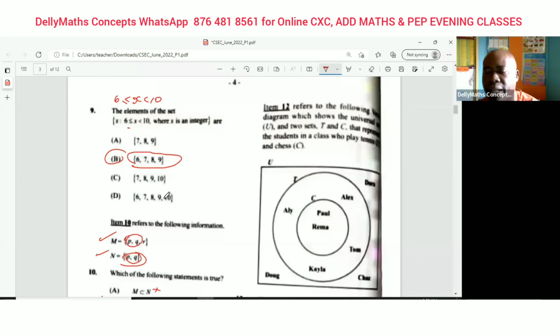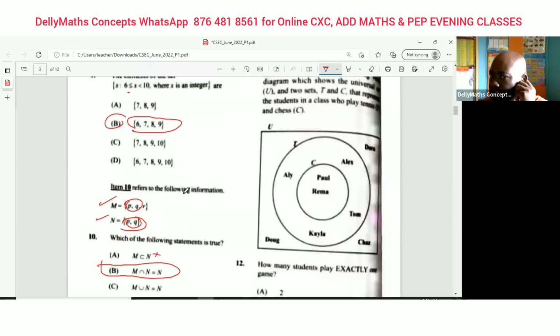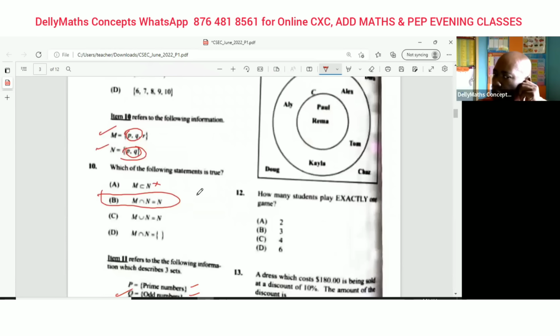All right, so question 12 refers to the diagram below, which shows the universal set U and two sets T and C. Looking at those who play tennis for T and chess for C, and there are some students who didn't play anything. How many students play exactly one sport?